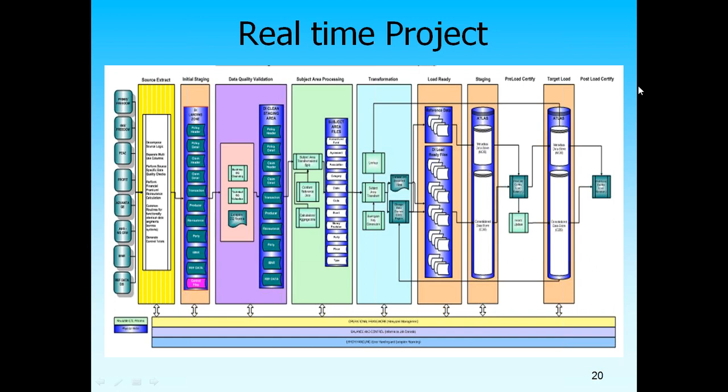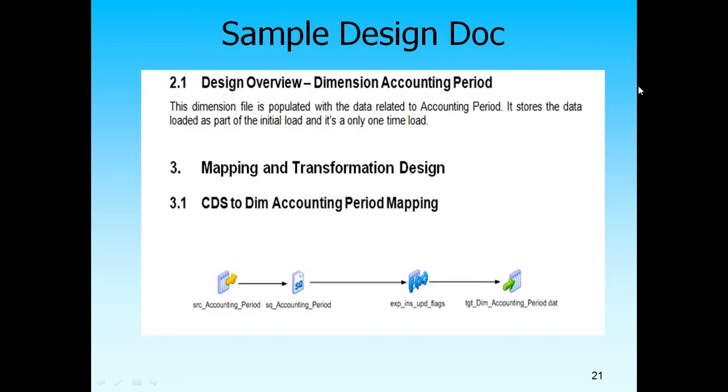This is the project architecture. We will see what exactly we do in this project, what the different layers are, and what the necessity of maintaining layers in this project is. The complete explanation and complete information will be given about this project. Like this is a sample document.